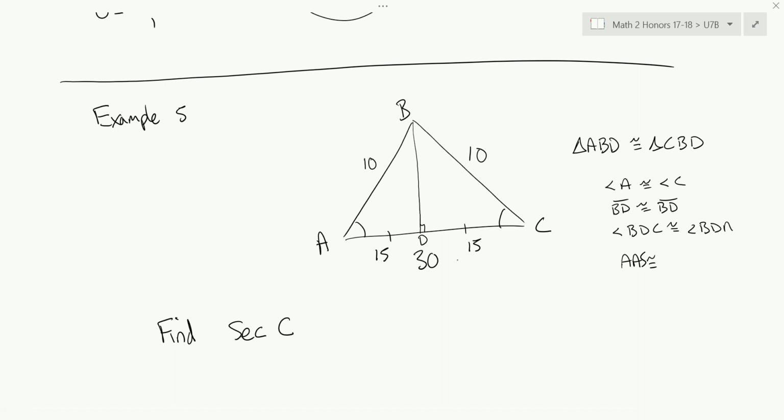If we have a base of 30, there's no way to connect the two side lengths of 10, is there? So we're going to have to modify this problem a little bit. Let's change the 10s to 20s, okay? All right. Now we could do it.